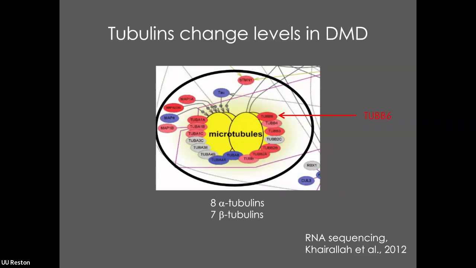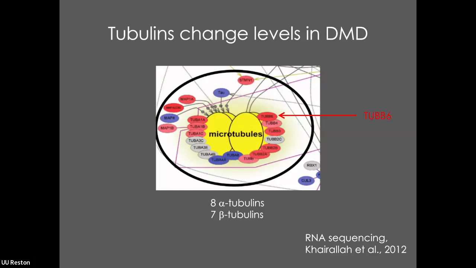So they got samples from a certain number of children with Duchenne Muscular Dystrophy, and also from controls, from normal people without such a disease, and they were able to sequence all the RNAs in those.